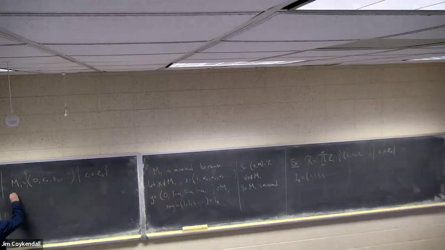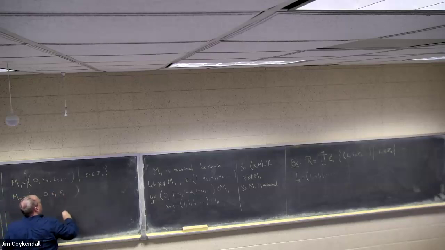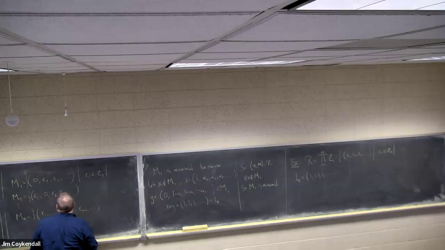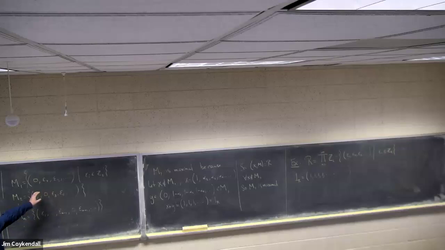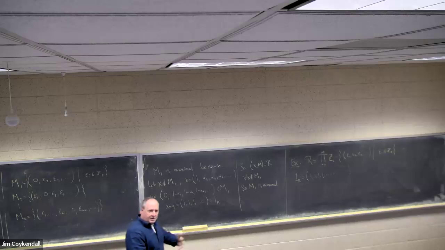I could have done this with epsilon 1, up to epsilon n minus 1, 0, epsilon n plus 1. So I can make another maximal ideal by letting 0 be in the nth coordinate and complete freedom on the others, right? These are all maximal ideals, same proof.